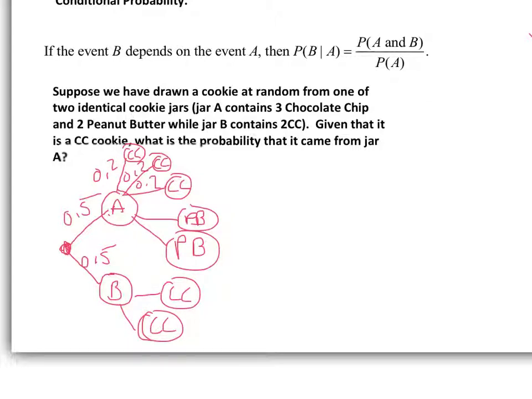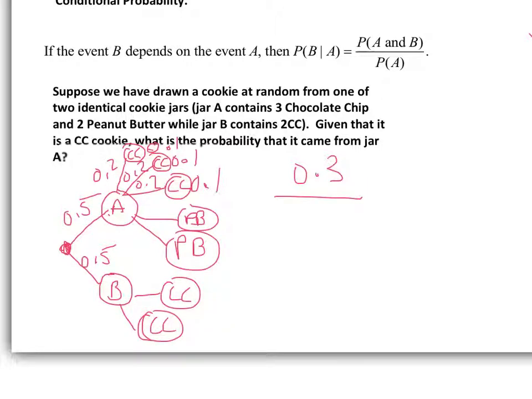But the probability you came from A and B, that means multiply. So 0.5 times 0.2 is 0.1. So each one of these cookies has a 10% chance of happening. There's 3 of those possibilities, so you have 0.3. That's the probability of A and B.